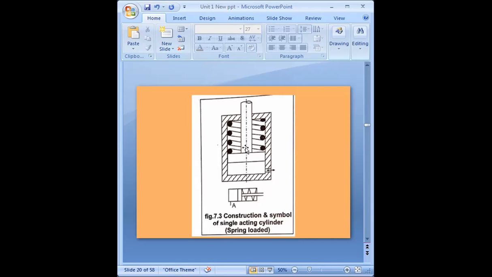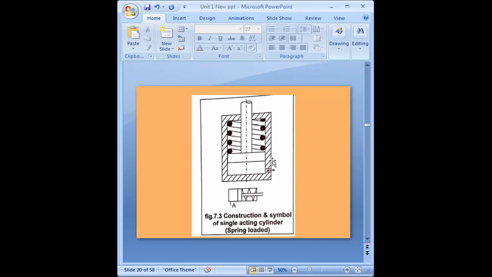For that purpose, this single acting cylinder with single piston rod is used. Now how does it work? That is the main important part. So look at it on the screen. These are the adjacent lines.